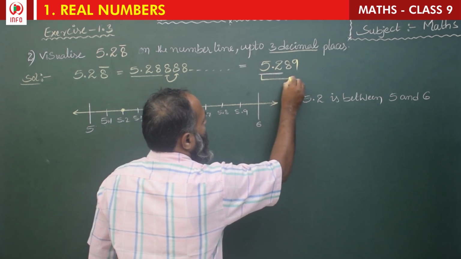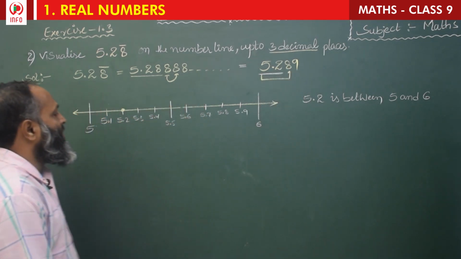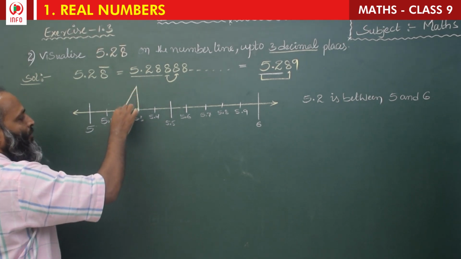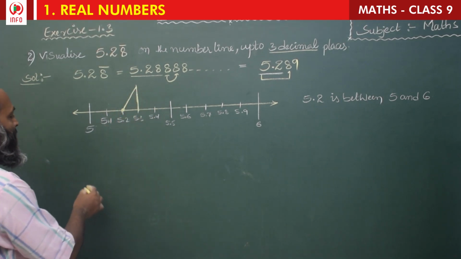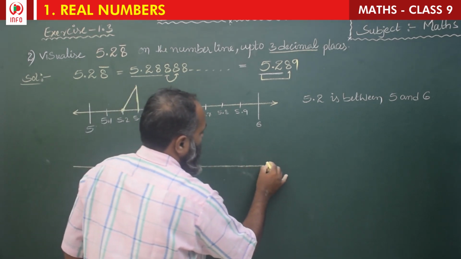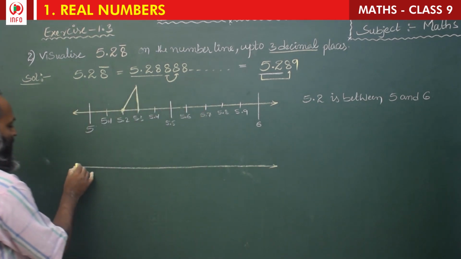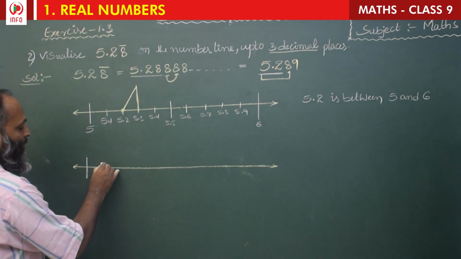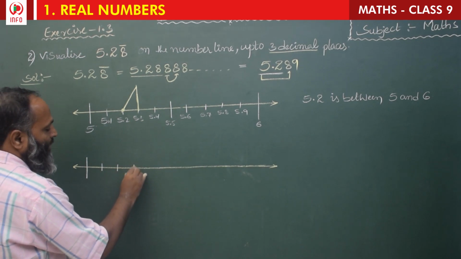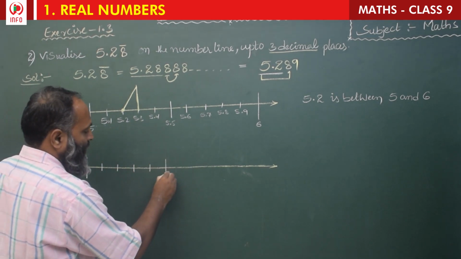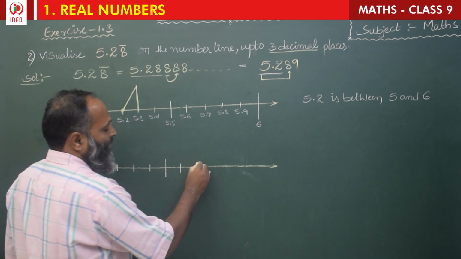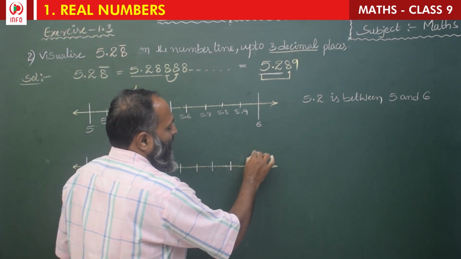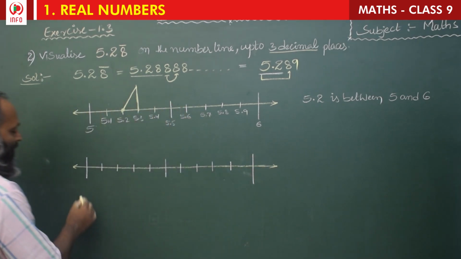5.2 is here. Now 5.28: we check 5.28 is in between 5.2 and 5.3. So in the next number line we should take here 5.2, 5.21, 5.22, 5.23, 5.24, 5.25, 5.26, 5.27, 5.28, 5.29, 5.3.